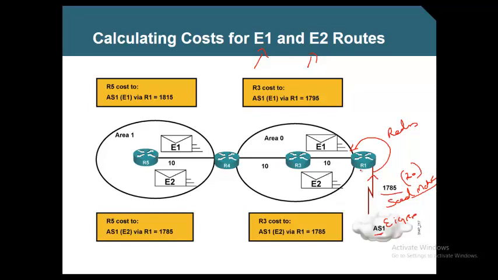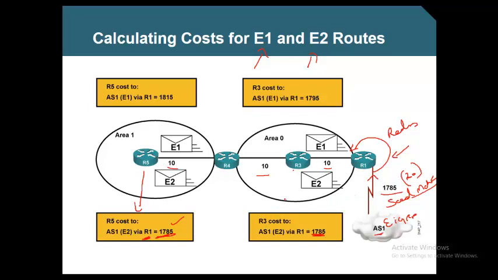You see, between R1 and R3, there is a cost of 10, which is not added. Between router 3 and router 5, there are two links and two different costs. 10 plus 10 is there, but it is not added. Even on R1, you see the same cost which was there while redistributing here.